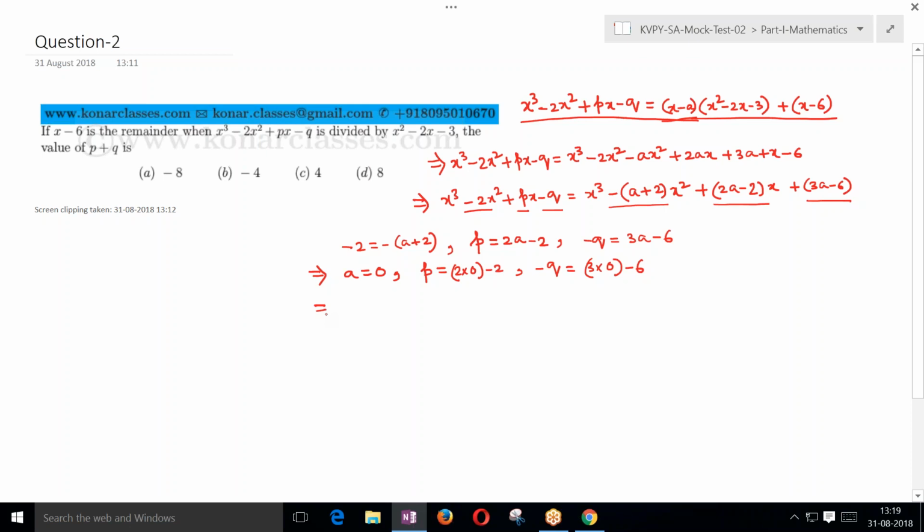So from here we get a is equal to 0, p is equal to minus 2, and q is equal to 6. So what is the value of p plus q then? p plus q is equal to 6 minus 2, which is 4. So we get the correct option as C.